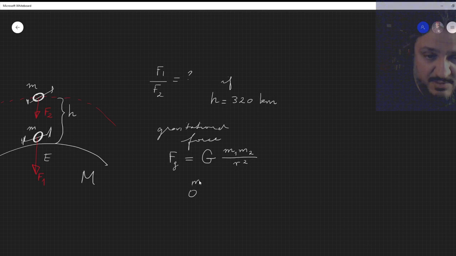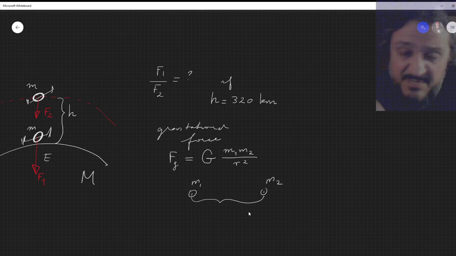You need the distance between m1 and m2, and you got to be careful here. The distance is measured from the center of each body. It can be the geometrical center, or in general we call it the center of gravity.